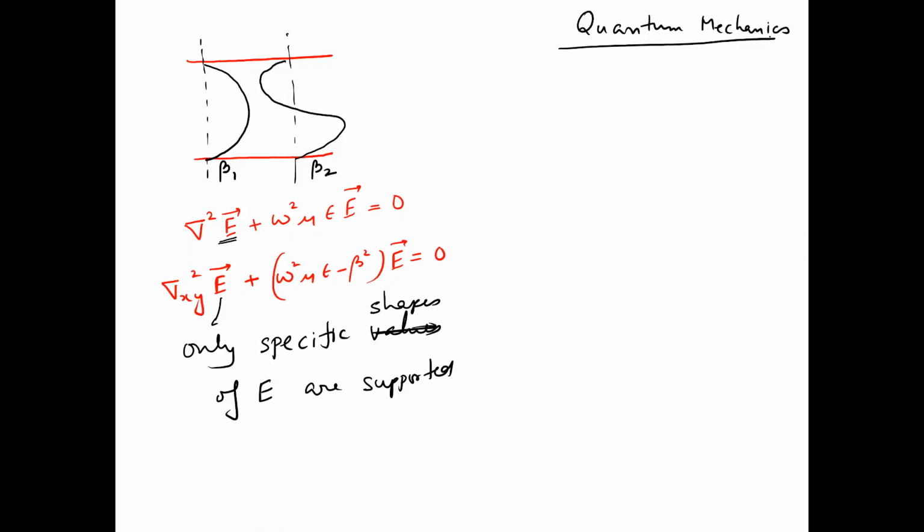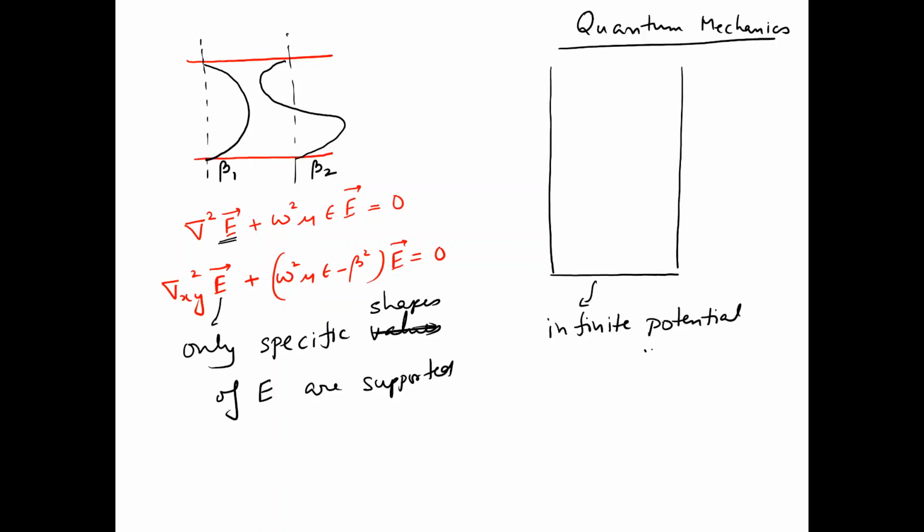In quantum mechanics, one of the first problems you're going to solve is the infinite potential well. Think of it as voltage V equal to 0 here, and over here in this well V has gone to infinity. So I've created a potential difference across a region.